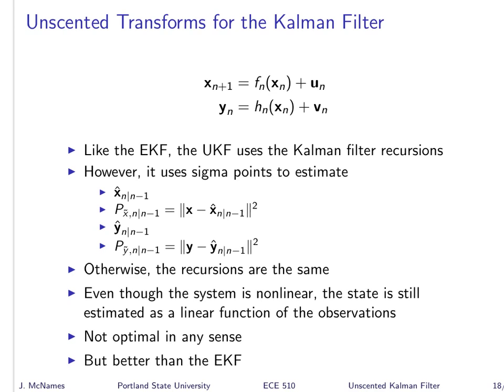I guess one small note of caution is to recognize that we're still assuming that the posterior is unimodal, and there is still kind of a statistical linearization that we're doing of these nonlinear functions by pushing the sigma points through them.